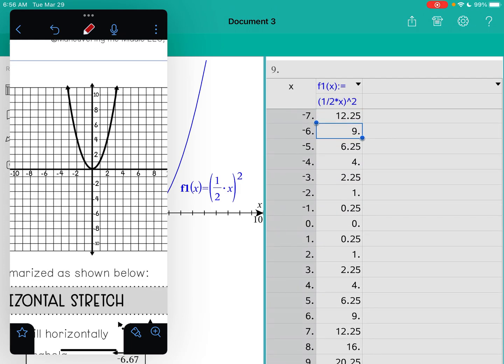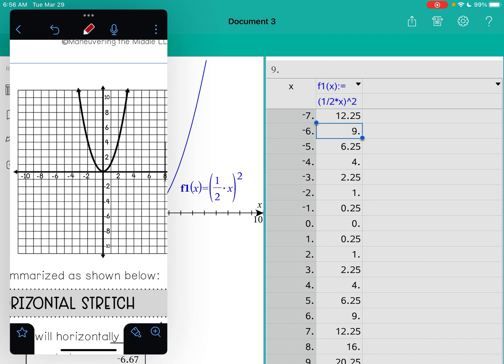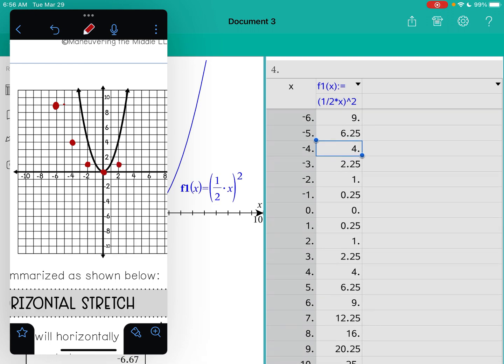We're going to graph what we can. Looks like I can graph starting at -6. So I have (-6, 9), which is, oops, right here. I have (-4, 4), which is right here. I have (-2, 1), (0, 0), (2, 1), (4, 4), and (6, 9).